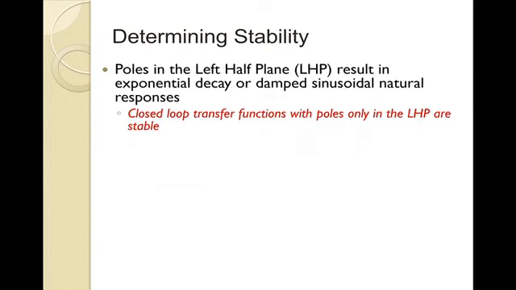So what are some ways we can look at determining stability? When we look in the complex plane, with the real and imaginary parts, we're going to look at the poles, the x's. Poles in the left half plane, where the real axis is negative, result in exponential decay or damped sinusoidal natural responses. The highlight of that, shown in red, is that closed-loop transfer functions that have poles only in the left half plane are going to be stable.